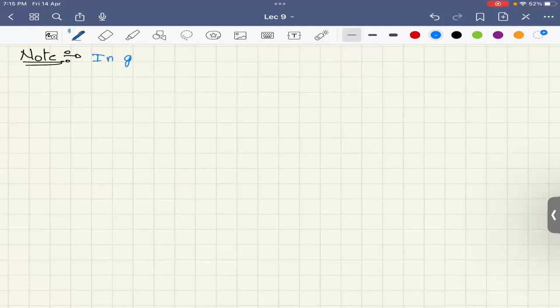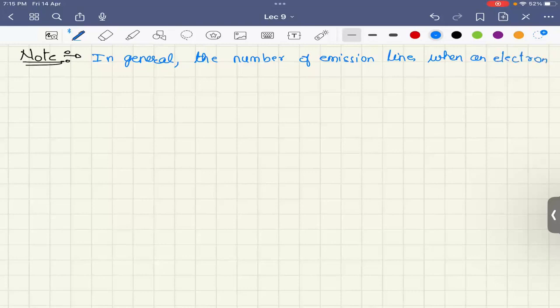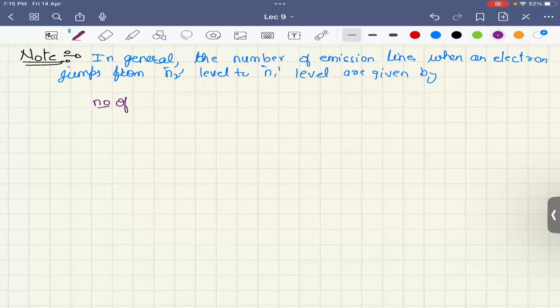In general, the number of emission lines when an electron jumps from the N2 level to the N1 level is given by the relation: number of lines equal to N2 minus N1 into N2 minus N1 plus 1 divided by 2, right?